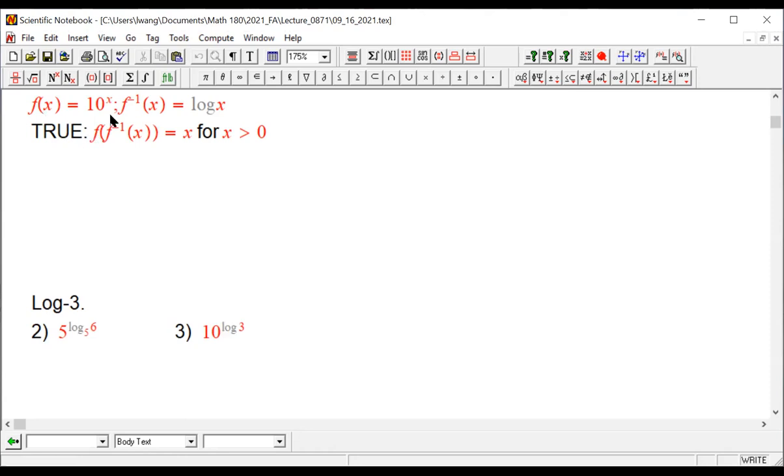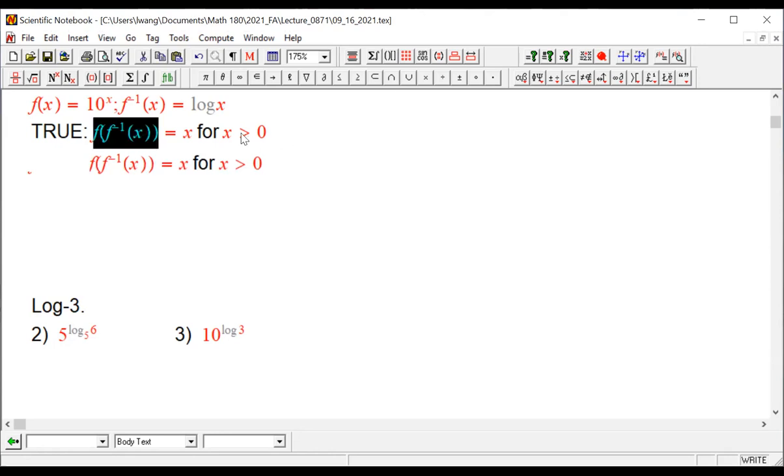Okay, so now f of x is 10 to the power x, and f inverse is log x. So what do we do here? If this is true for any x greater than 0, it is certainly true for 3, right? Because 3 is positive, isn't it? Do you guys hear that logic? If this is true for any positive number, it certainly is true for x equals 3, right?